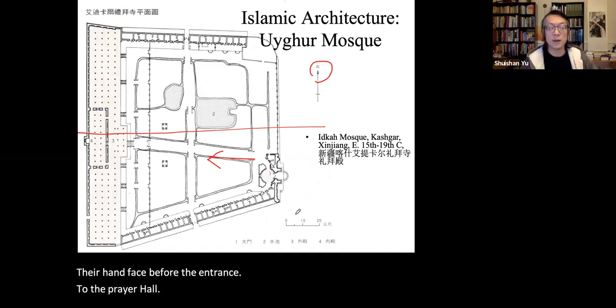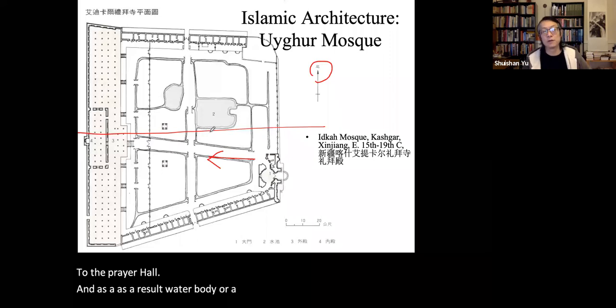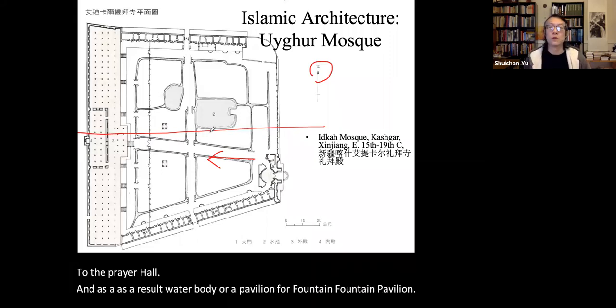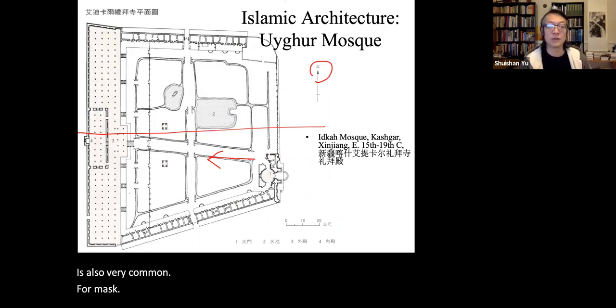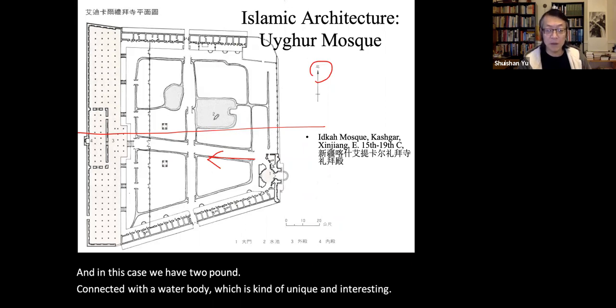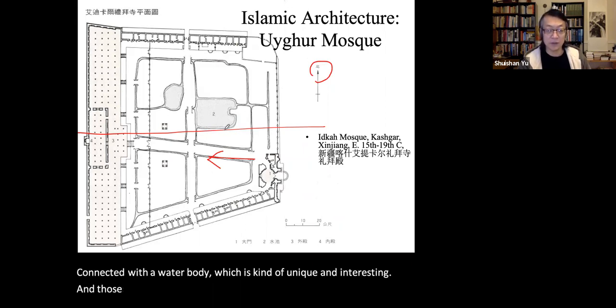And as a result, a water body or a fountain pavilion is also very common for mosques. And in this case, we have two ponds connected with a water body, which is kind of unique and interesting. And those are the areas for ablution.